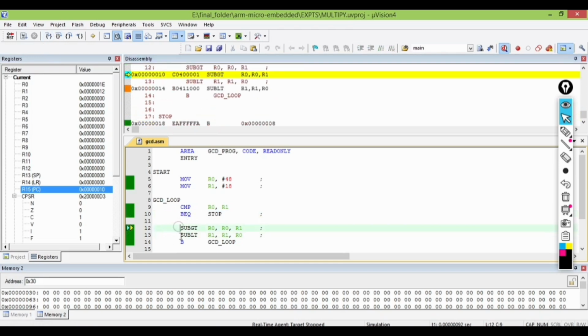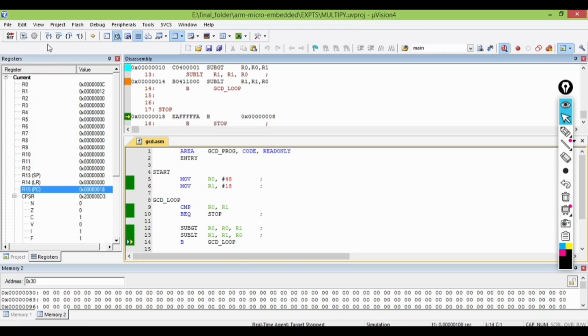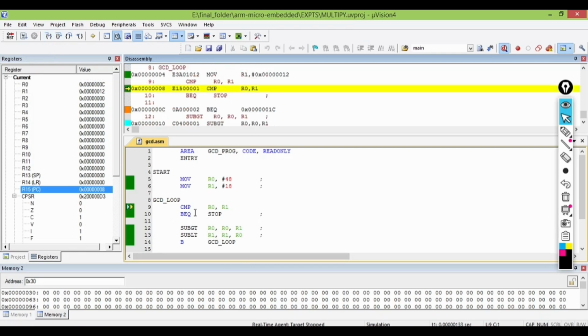Out of these instructions, which one will be executed? This instruction will be executed, because again R0 is greater than R1. So subtraction happens and the result C is stored in R0. And what about this particular instruction? It will get ignored, and we are branching back to the loop.